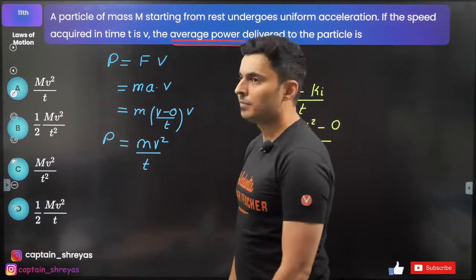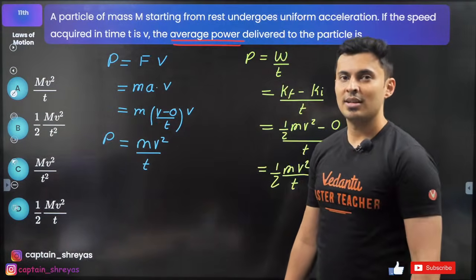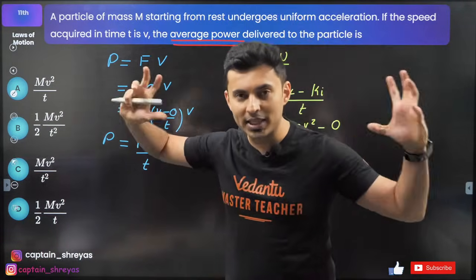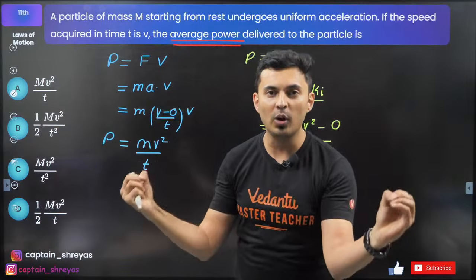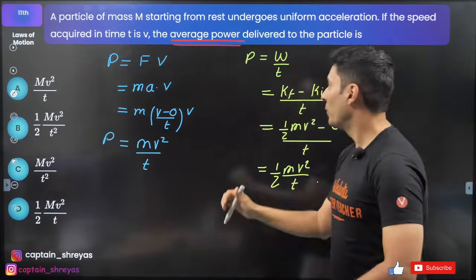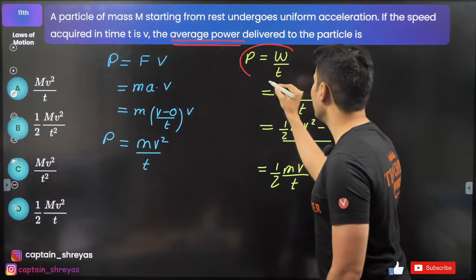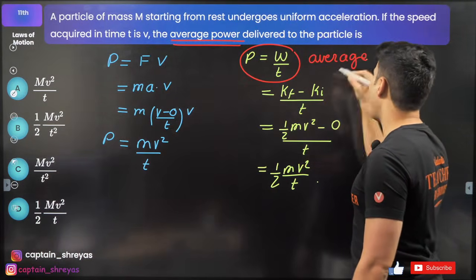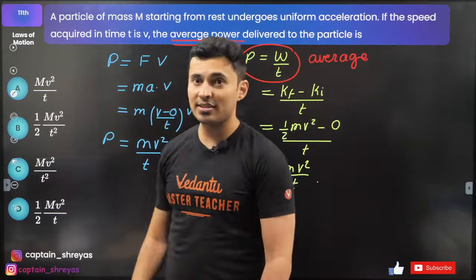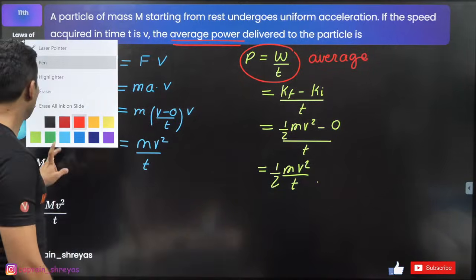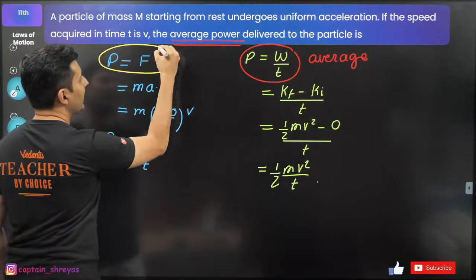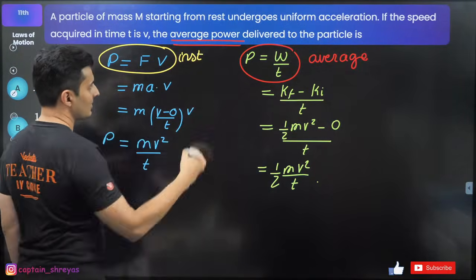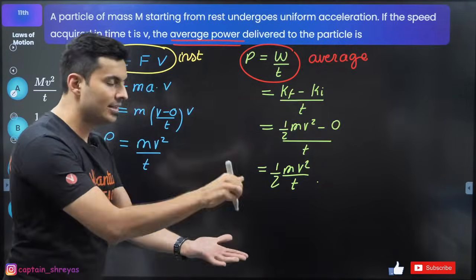Average power. When I say average, it's the total energy or the total work upon the total time. This is the formula that you use for average. This formula is what you use for instantaneous, at that instant.